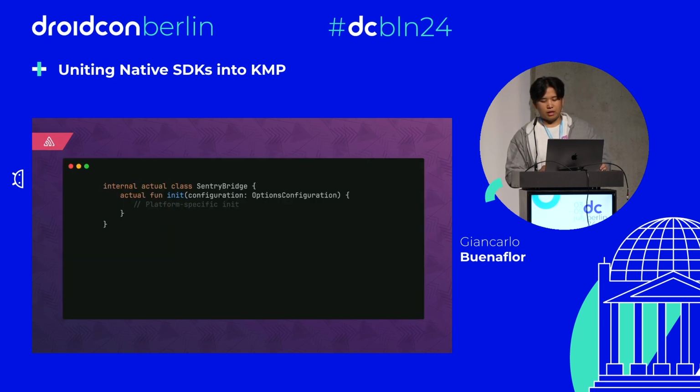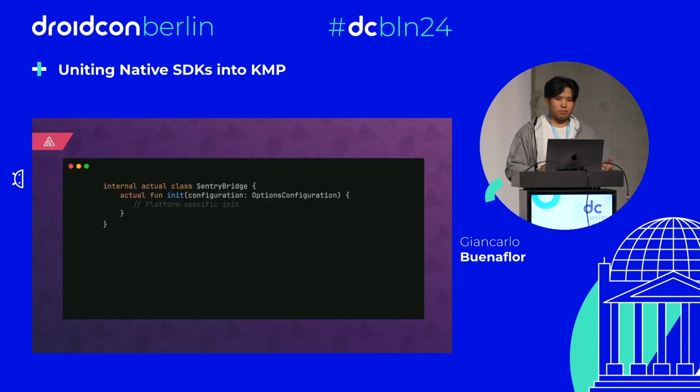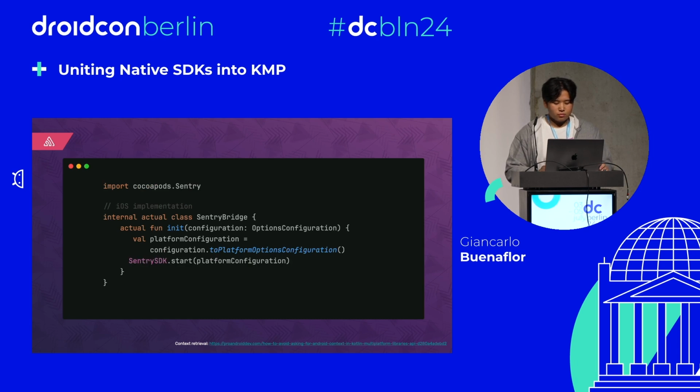And the platform-specific implementation here, which is the first variant I'm going to show, is the very basic one, which is just doing an actual and then using the underlying SDKs and initializing them using their respective functions, in this case, the init function. And the same for Android and iOS.